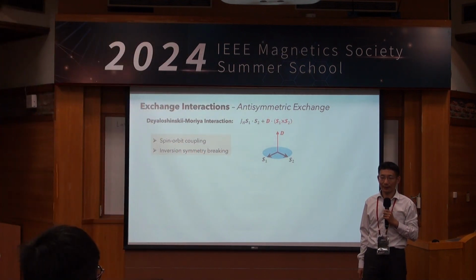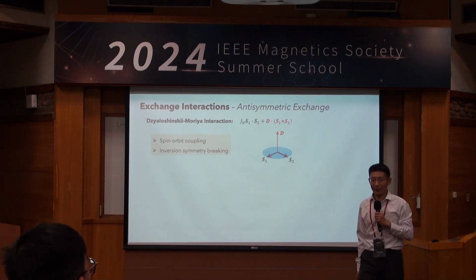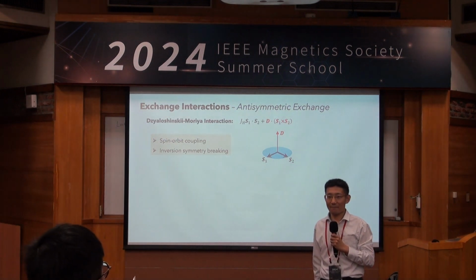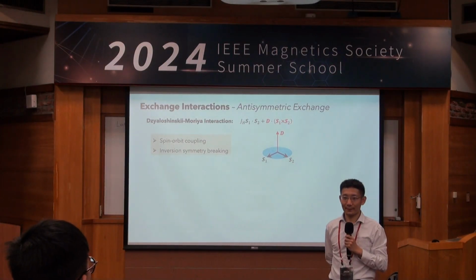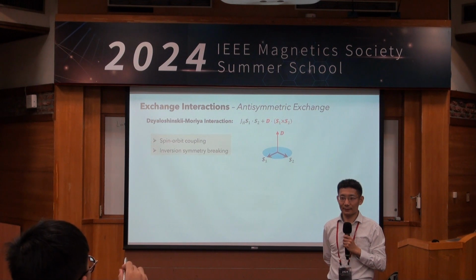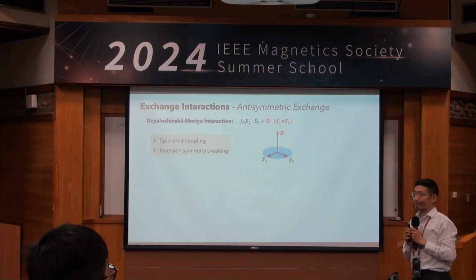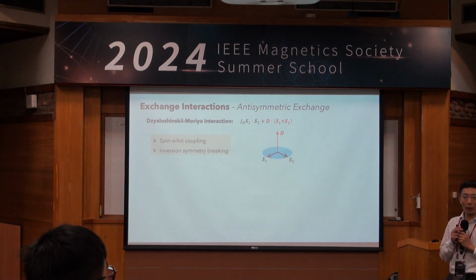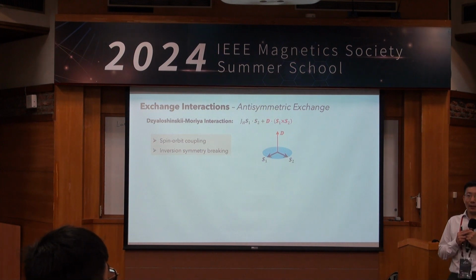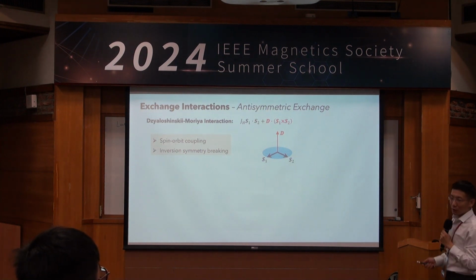We first decide the D vector or the product of S1 and S2. I'm sorry? We first decide the D vector, and then the product of S1, S2 is defined. Okay, so in a real computation, I think the D vector is first determined.